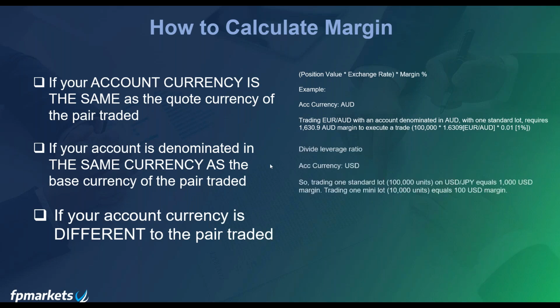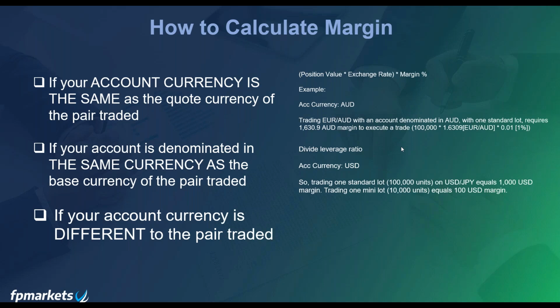So now, what if the account currency is denominated in the same currency as the base currency of the currency pair traded? This margin percentage requirement is simply found by dividing your leverage ratio.